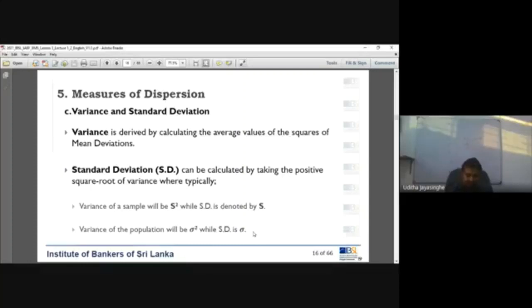Why? It's the practical application at the end of the day. We will not have the luxury of getting the variance and standard deviation of the population all the time. So bear in mind that S square and S, and rho square and rho, are the definitions for the variance and standard deviation for the sample and the population.